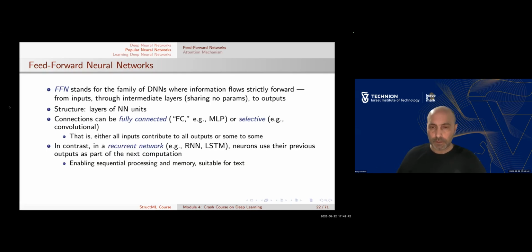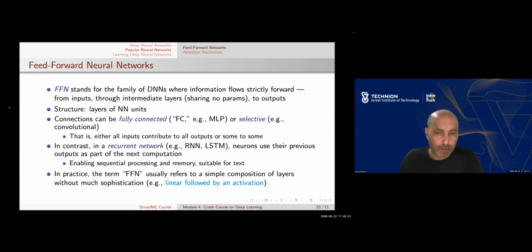You do not want the text to go through one fixed model, because you want to apply it again and again. Now I'll just say that in practice, when you see the term FFN, like we saw previously in the transformer, unless it is given explicitly and it is something special, it refers to a simple composition of layers, like linear followed by some activation unit, not much sophistication.